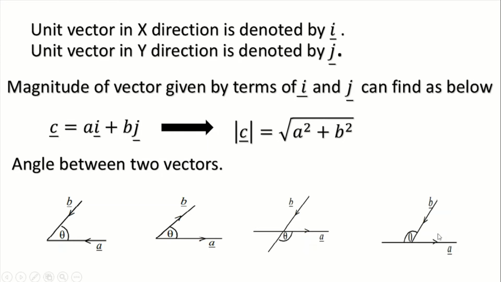In this situation, we can expand the vector a. Then you can see the expanded vector a and the b vector come towards the same intersection point. The angle between two vectors can be denoted as theta. So when solving problems, you must get the correct value for the angle between two vectors.